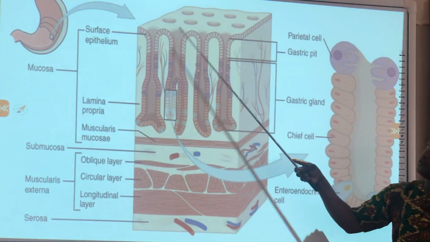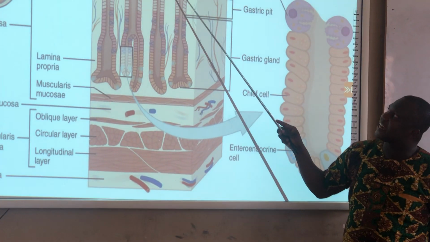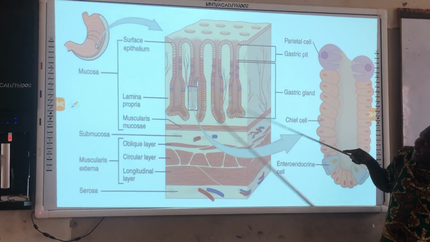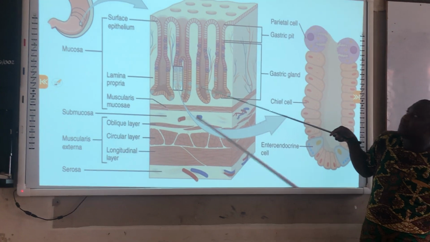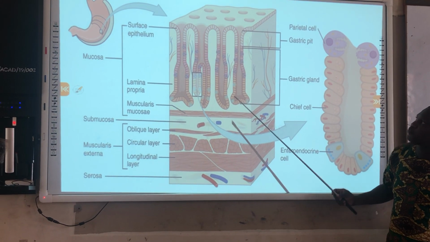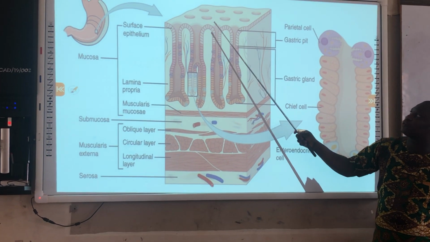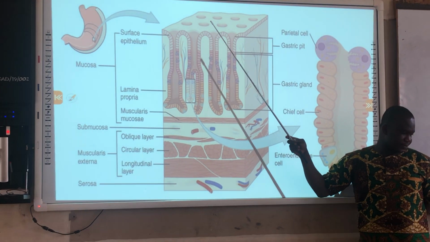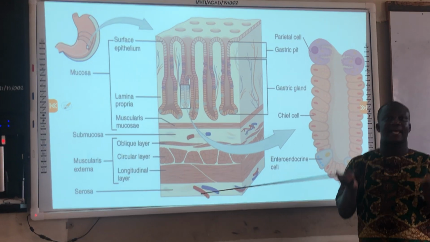As you all know, the deep gastric pits are the openings of the deep gastric glands. Inside the stomach, there are glands that pour their secretion out through the deep gastric pits. So we are done with the other aspects.